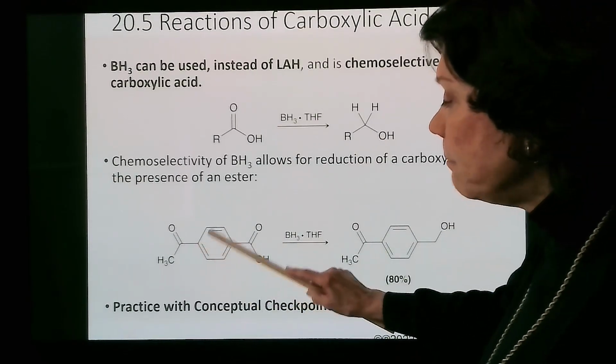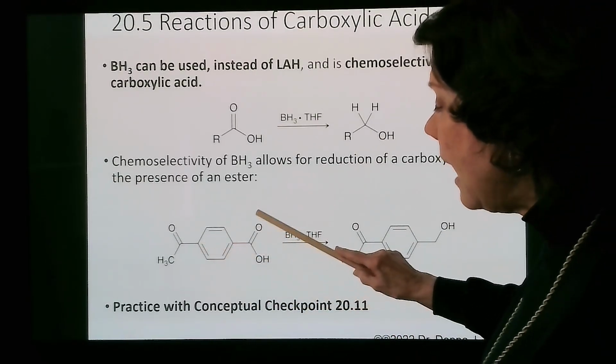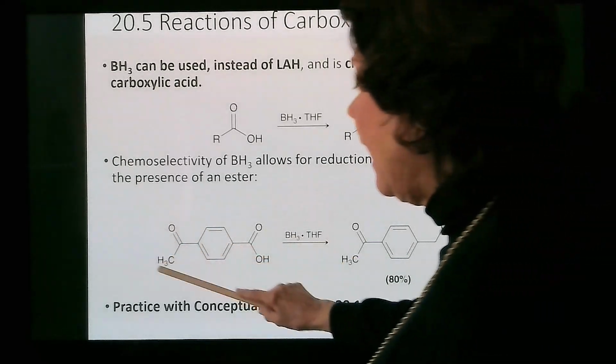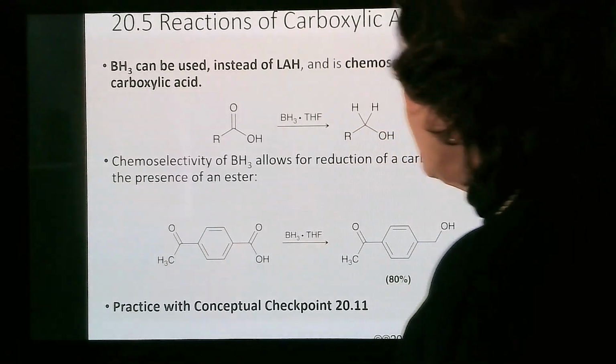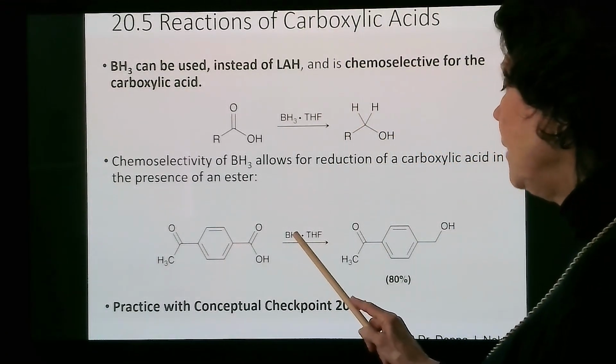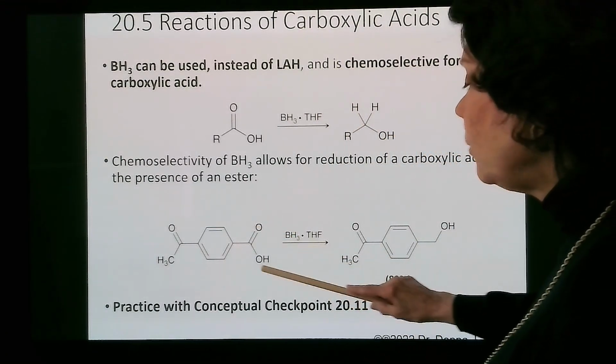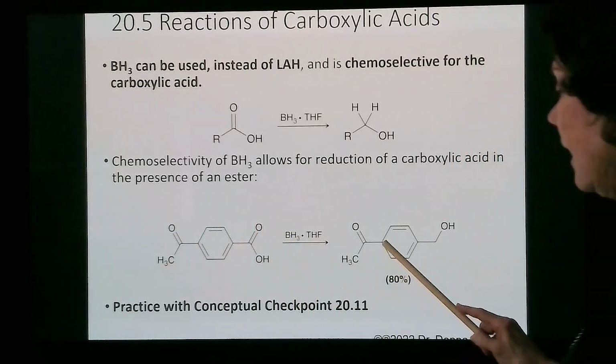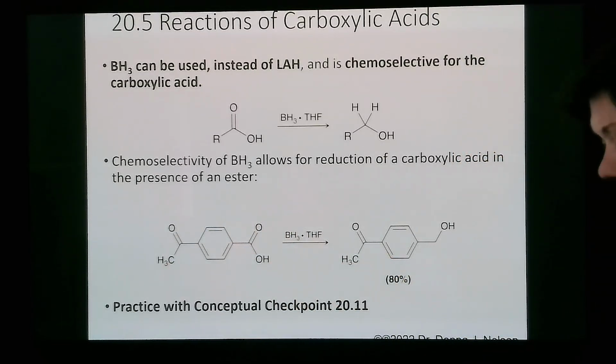So if you have a molecule in which you have a carboxylic acid and an ester, using the borane, it will react with the carboxylic acid and not the ester. So that takes care of some of our reactions of carboxylic acids.